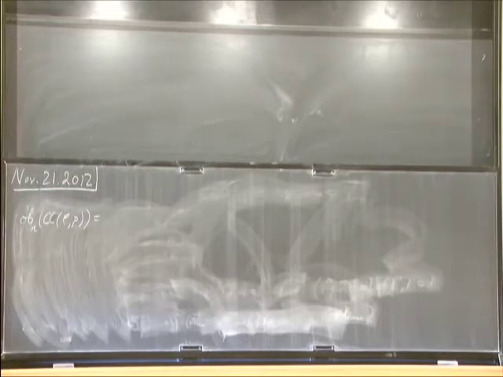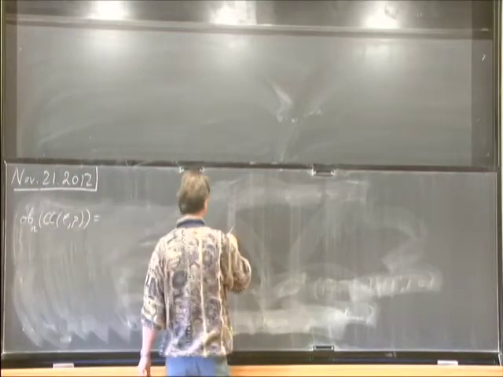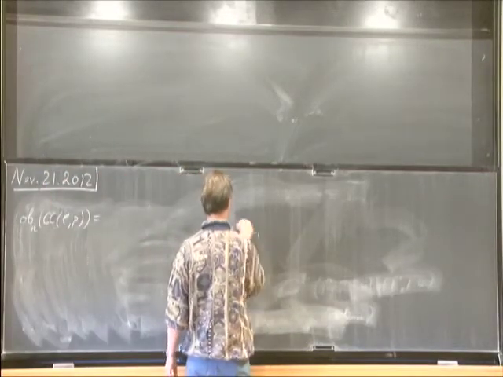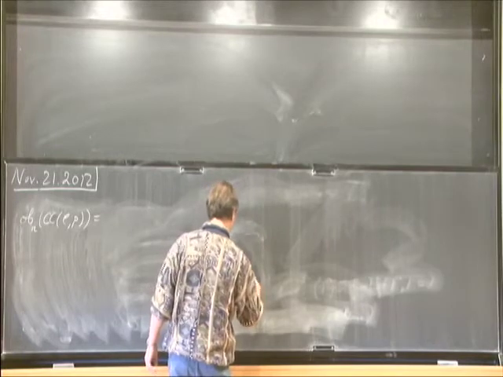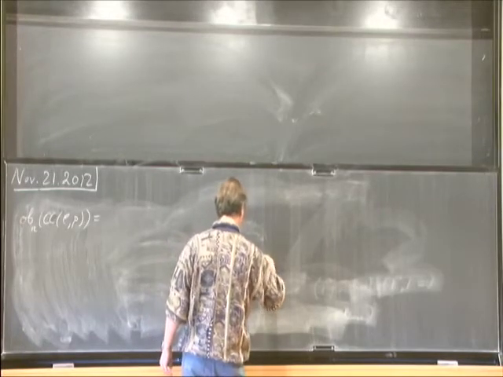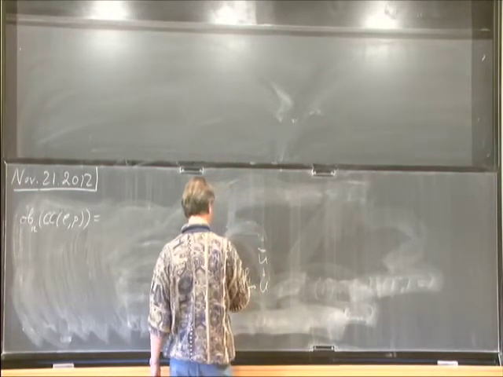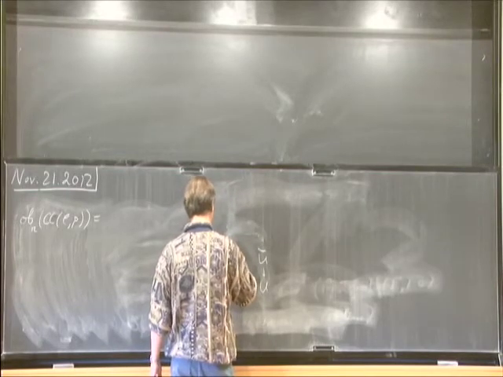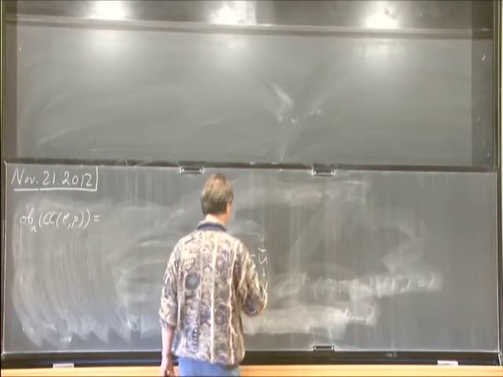What it means on a picture is that I have X goes by f1 to U. I take the chosen pullback.